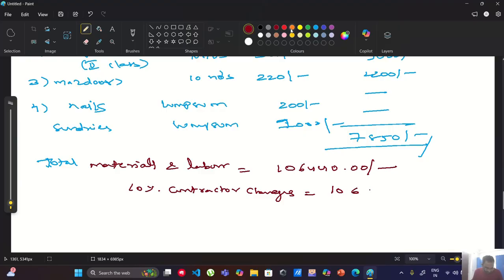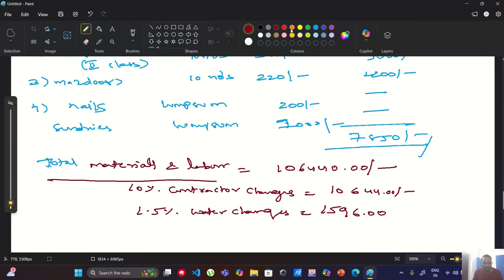So 10% of 1,06,440 is 10,644, sorry, not 1000, it is 10,000. And after that 1.5% for water charges. So water charges will be equal to 1596.